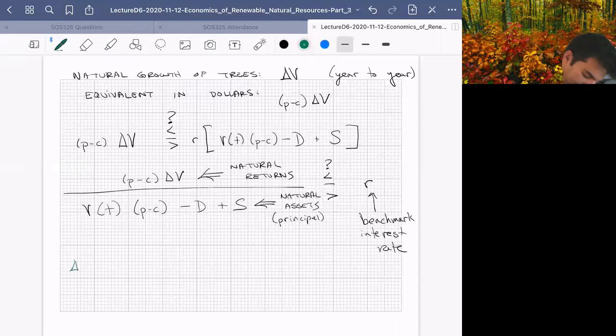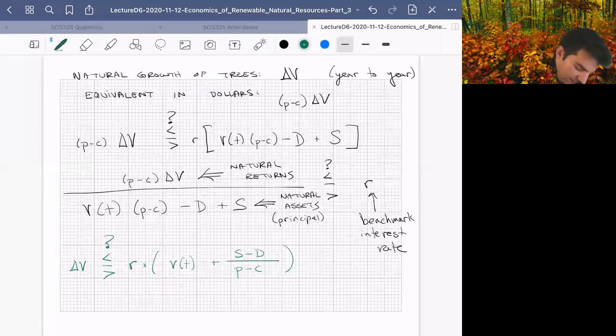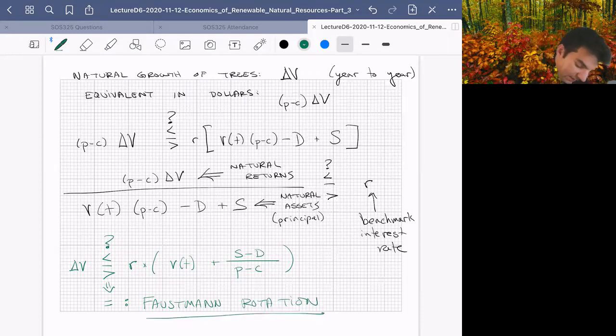where I say, is the delta V, how does it compare to the interest rate times the volume of trees, and then I've done S minus D, I've just switched the order of those, divided by P minus C. And so, to me, when these are equal, then that condition is the Faustmann rotation.